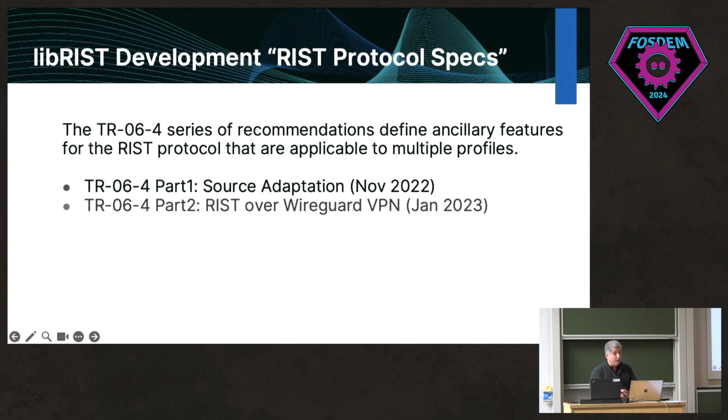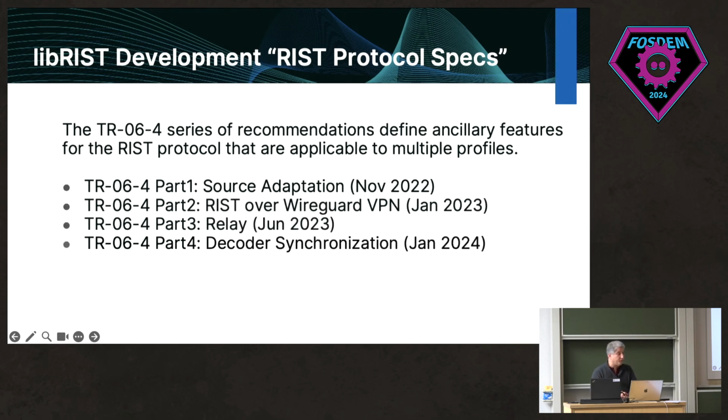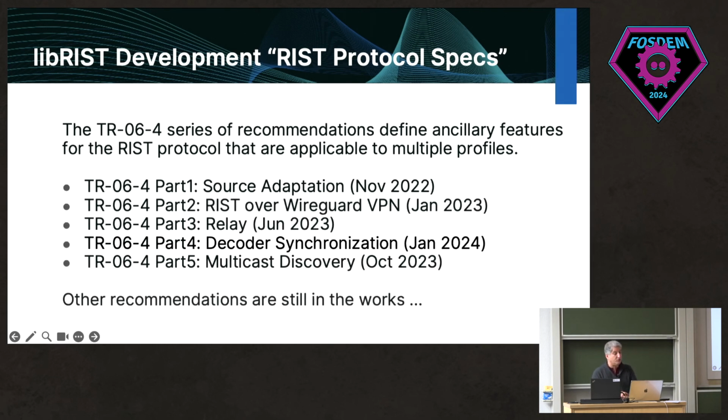So in addition to the core specifications for the protocol, the RIST activity group has also published a series of recommendation or best practice documents, right? These are documents that extend the protocol into specific applications, into specific niches, and you need to consider that in the library as well.